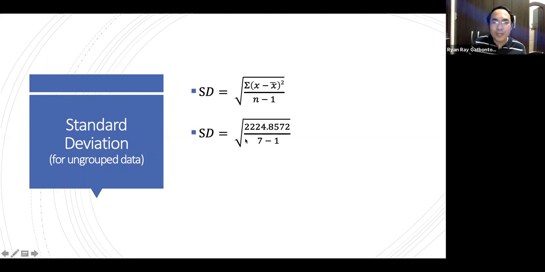If we substitute it, we get 2,224.8572 divided by 7 minus 1, 7 being the number of data in our data set. By doing the calculation, we arrive at a standard deviation of 19.26.